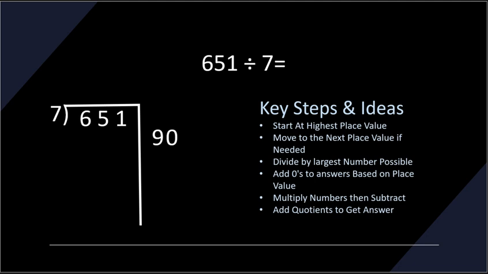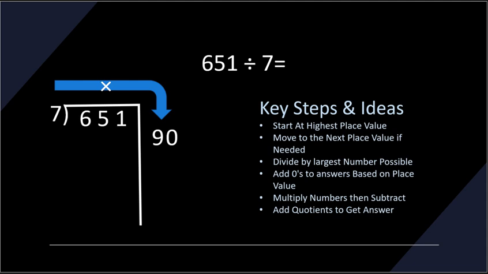So we're basically going to give away 90 of the 651 to each of the 7 people, but we now need to multiply the 7 by 90 to get the total amount given away. So when we multiply 7 times 90, we first do 7 times 9 and then just add the 0, because it's like multiplying by 10 after, which is every place value, right?